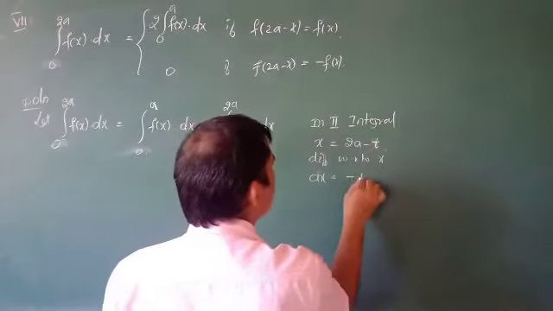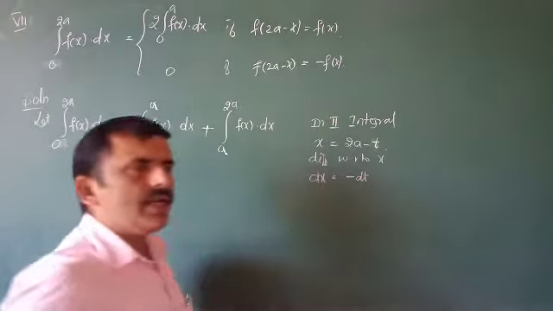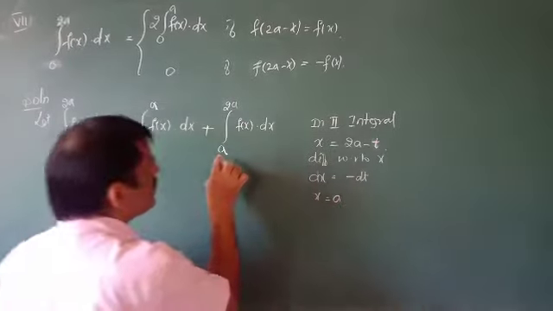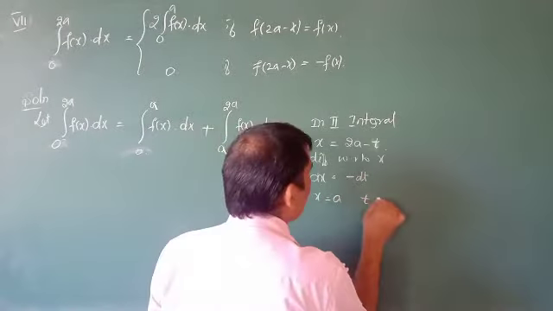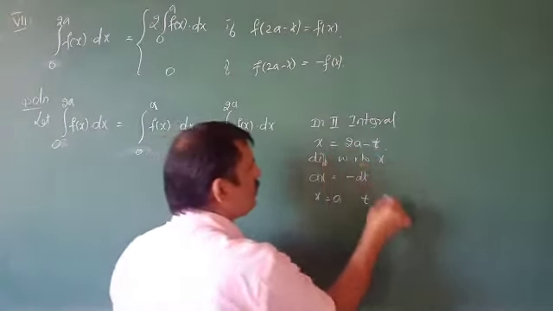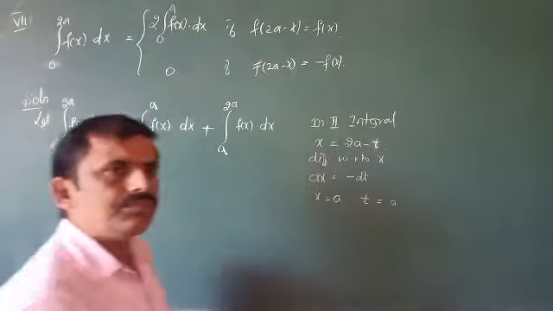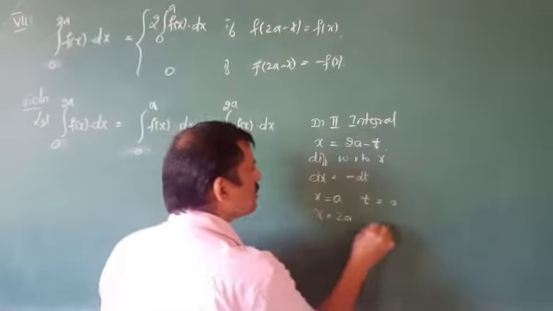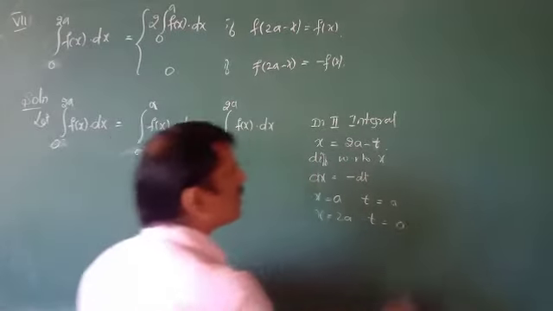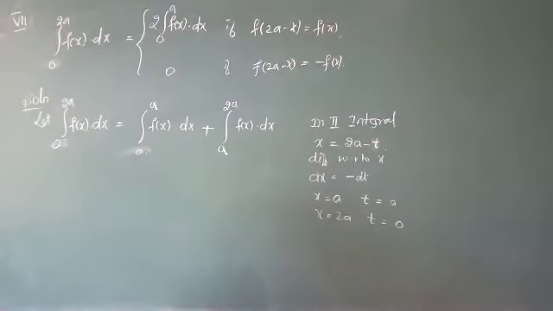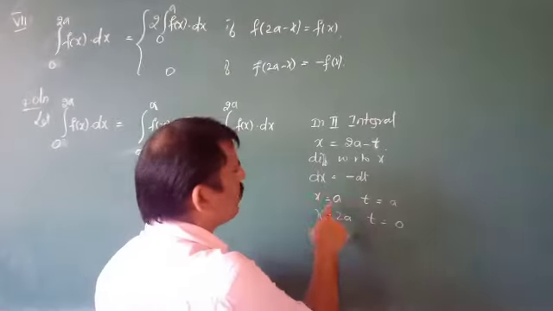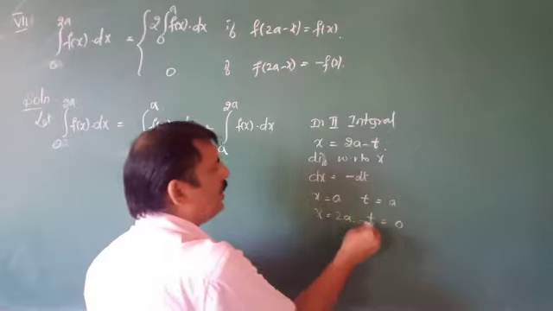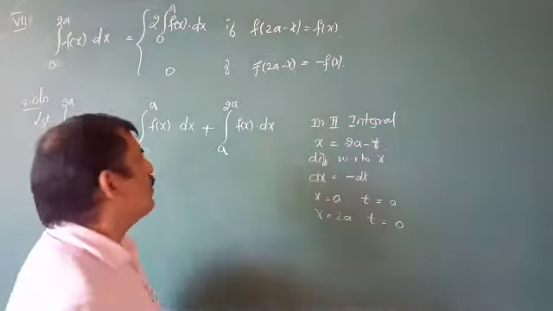When x is equal to a, t is equal to a. When x is equal to 2a, t is equal to 0.